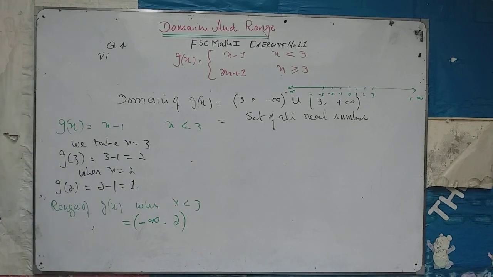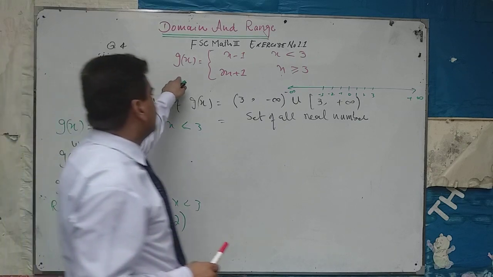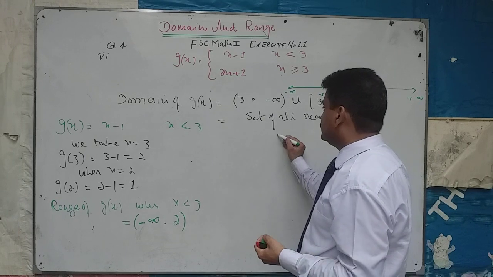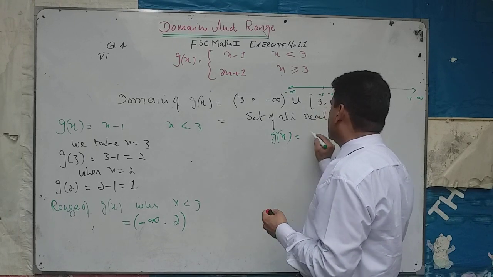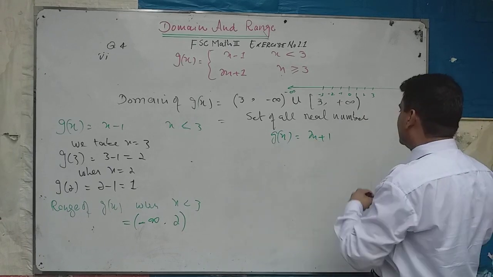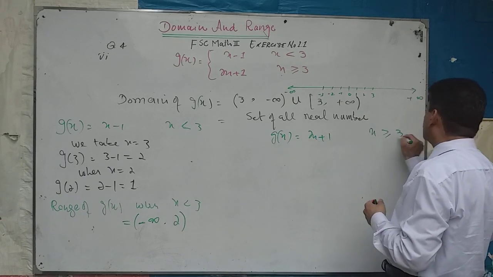Again we check the range of the function for the other portion, where g of x equals 2x plus 1 when x is greater than or equal to 3.